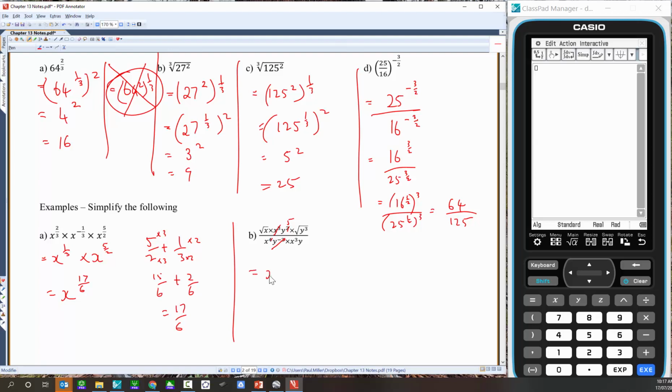We've got x to the half times y to the 5 times y to the, that's the square root of y cubed, which is going to be y to the 3 on 2, over. All right, I've got x times x to the 3, which is x to the 4, multiplied by y. All right, that one's going to go, leaving 4 of them.